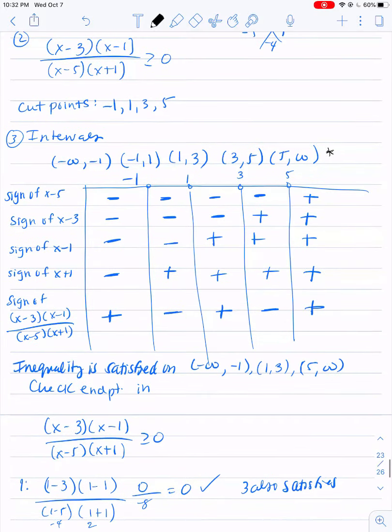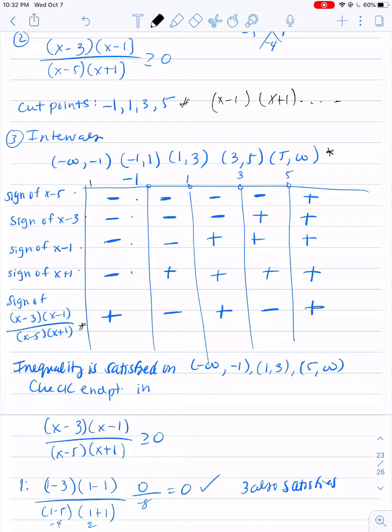Then I have my signs of my various factors, basically using the zeros and writing them as x minus 1, x plus 1 kind of thing. And then that gives us the overall sign when we're combining the different signs.